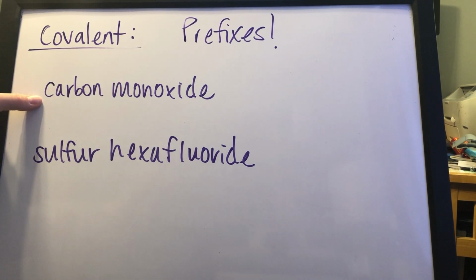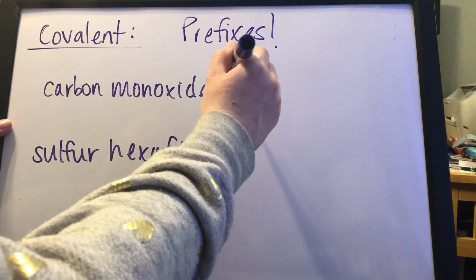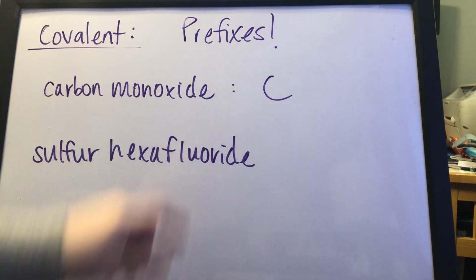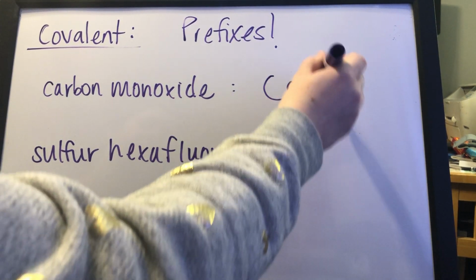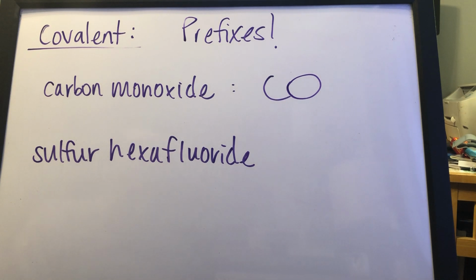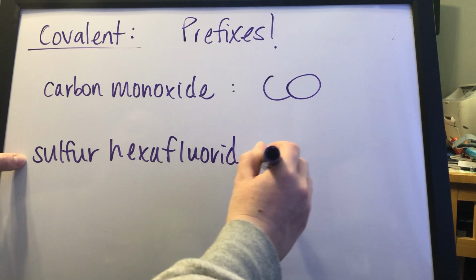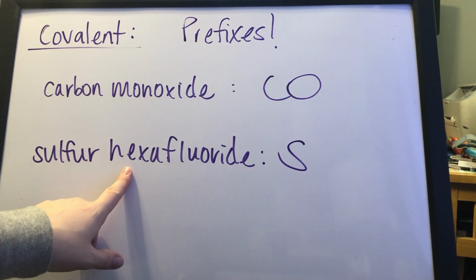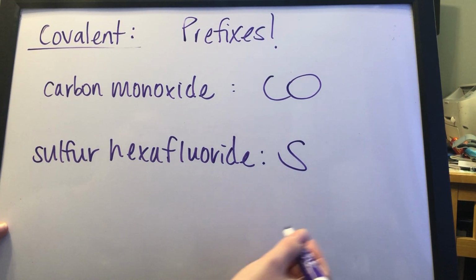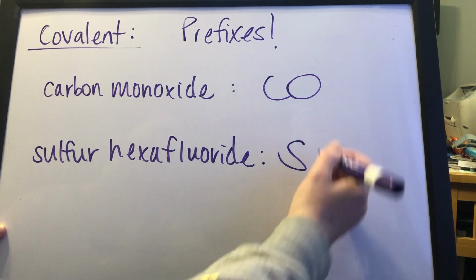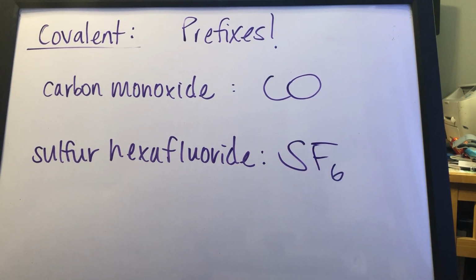So noticing that there's no prefix here on carbon, that means I only have 1, and monoxide means I have 1 oxygen, so CO is your formula for carbon monoxide. In the second example, no prefix on sulfur means I only have 1, so S. Hexa means 6, fluoride, 6 fluorines, sorry, so SF6 is my formula, and that is covalent formula writing. Very simple, no charges, and that will end this video.